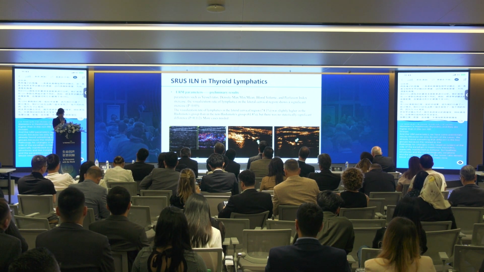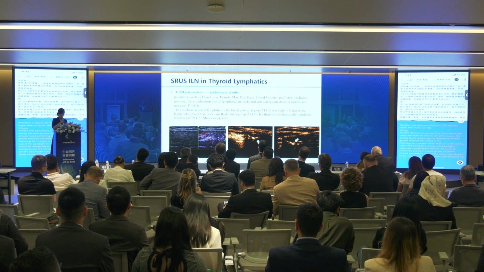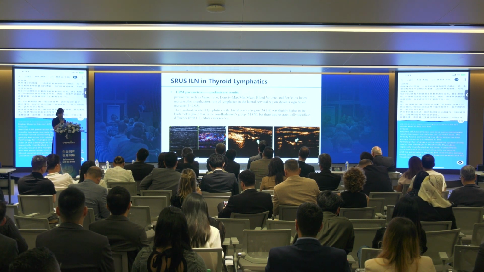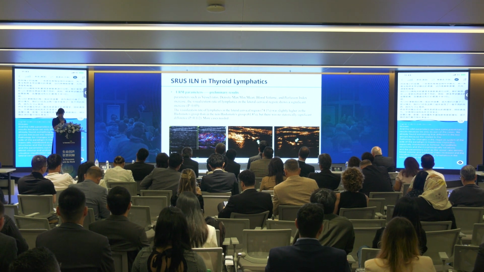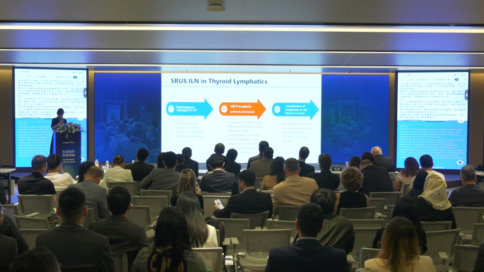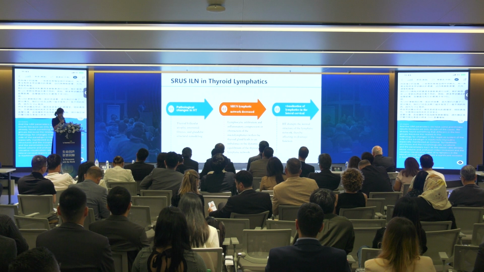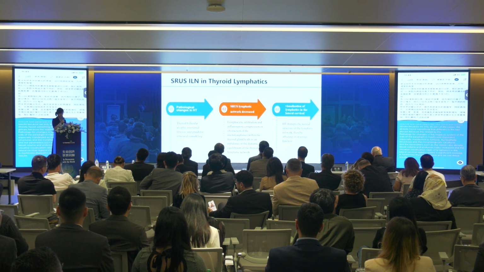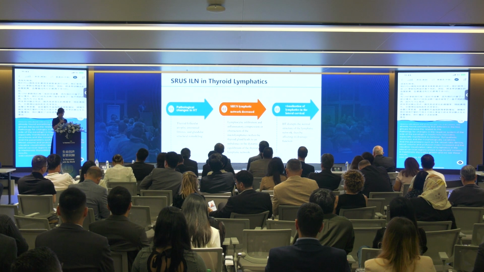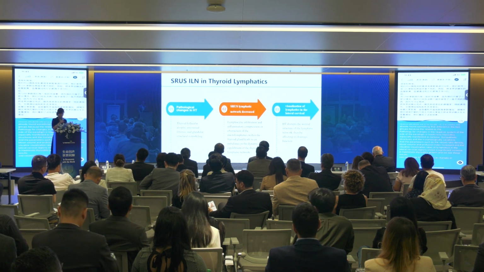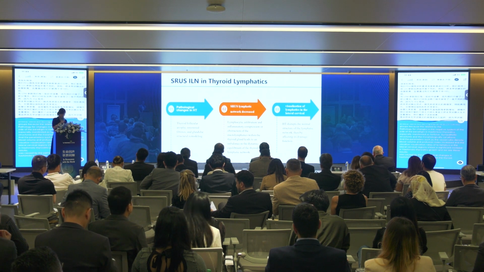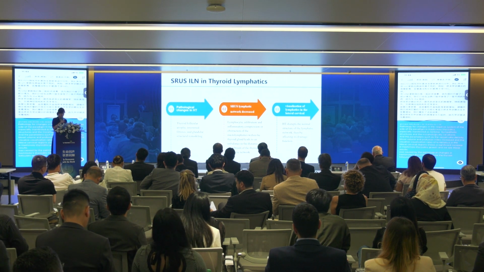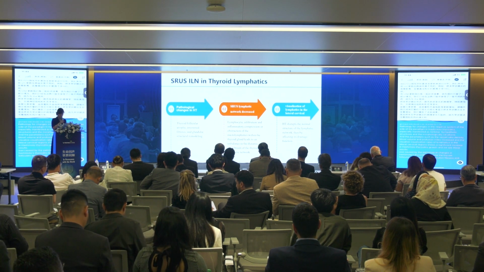And the visualization rates of lymphatics in the lateral cervical regions are significantly increased in the Hashimoto thyroiditis group. We think these results were caused by the pathological changes in Hashimoto thyroiditis, because of thyroid follicular atrophy, interstitial fibrosis, and gradual structural remodeling.